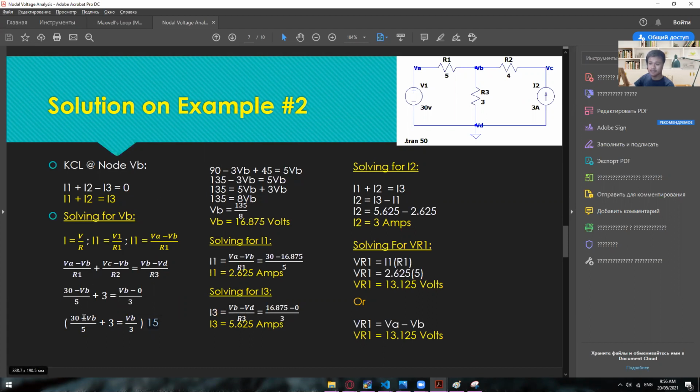And then 3 times negative VB is negative 3 VB. And then same, so 15 times 3 is 45. And then 15 divided by 3 is 5. So we have here a multiplication of 5. So 5 times VB is 5 VB. And then from here, you can now simplify everything. Just add similar terms, etc., and then you will get this one.